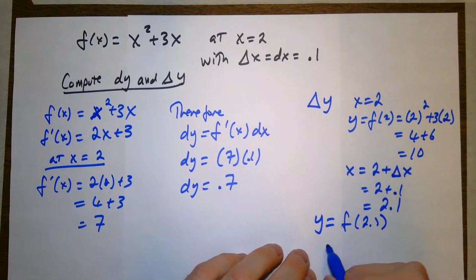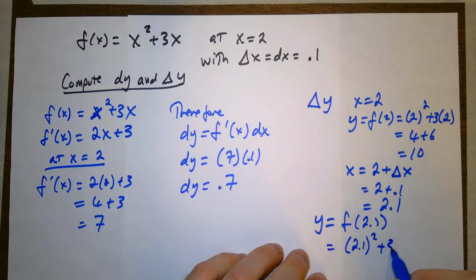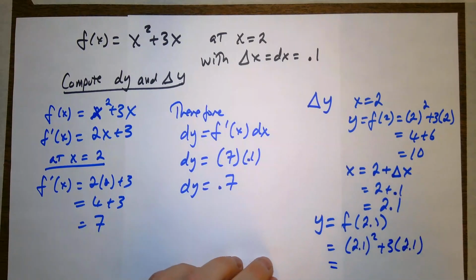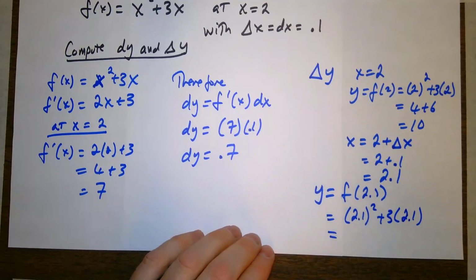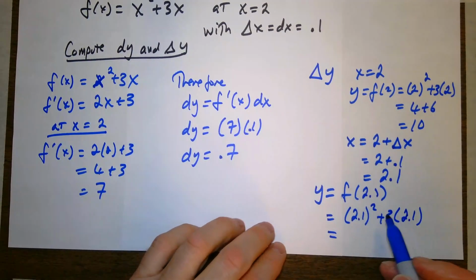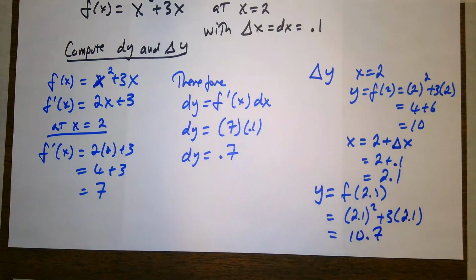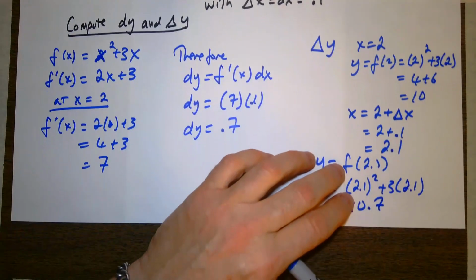All right, so that's going to be 2.1 squared plus 3 times 2.1. And on the calculator, if I work that out, I'm running out of the bottom of the page here, aren't I? If I work this out on the calculator, it's going to be 10.71. So delta y, I'm ready for my delta y calculation now.